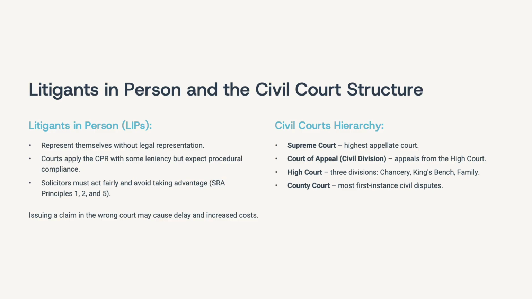In your exam, be sure you can match the right claim with the right court. The wrong forum can be costly in real life and fatal in the exam, so be careful.